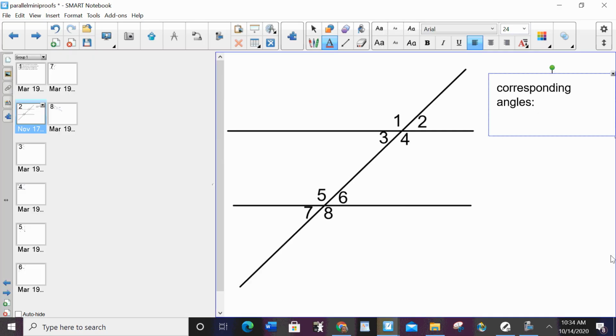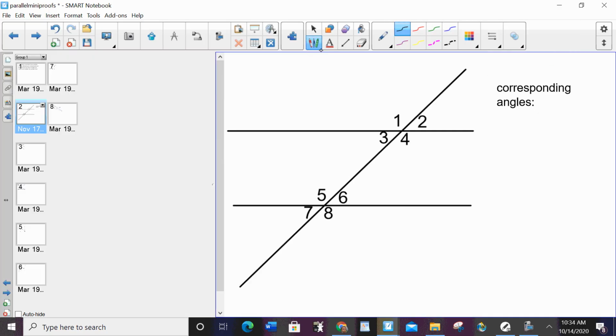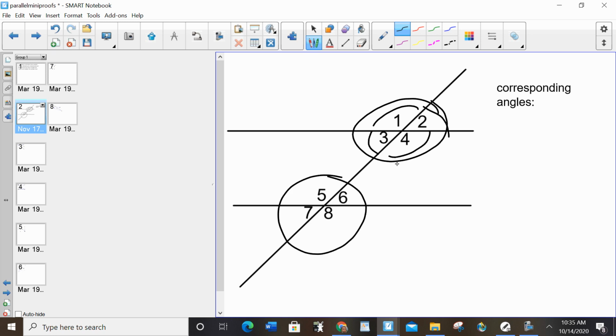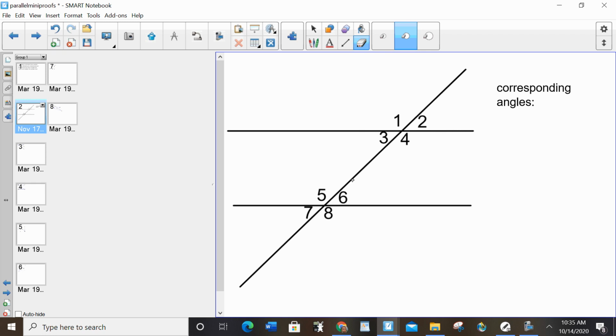I see two clusters of four. I see four angles here, and I see four angles here. And each cluster has a top left, a top right, a bottom left, and a bottom right. So if two angles are in the same position, they are called corresponding.